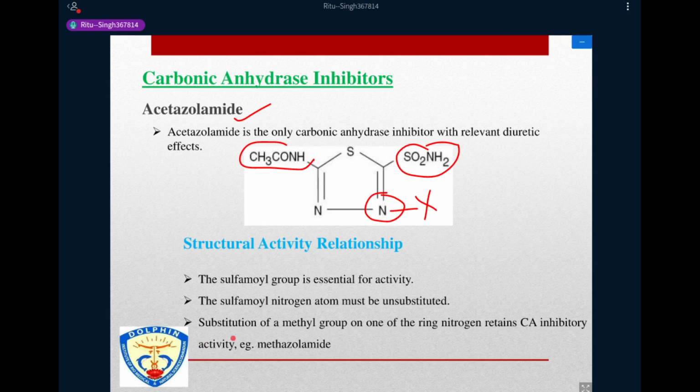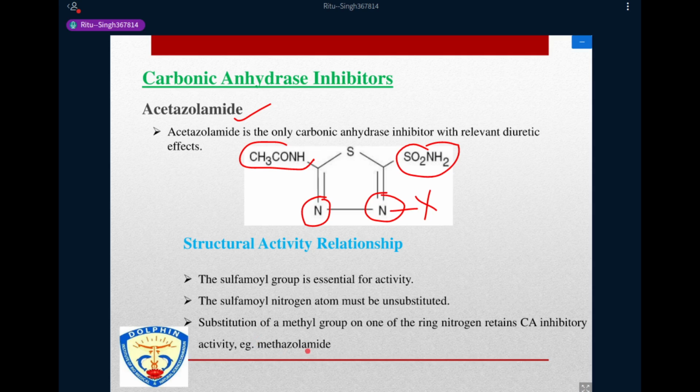The next point is related to the substitution of a methyl group on one of the ring nitrogens. If we add a substitution at one nitrogen, like a methyl group, the carbonic anhydrase inhibitory activity increases.